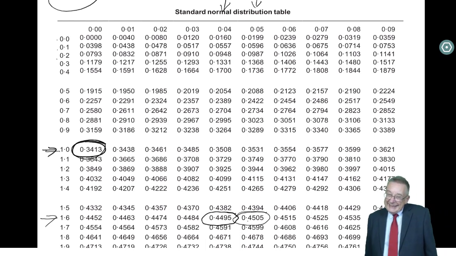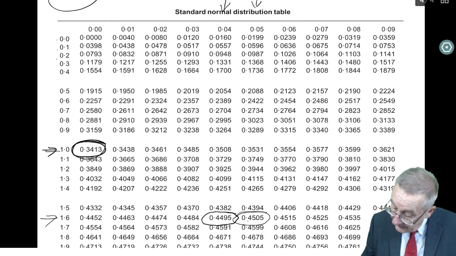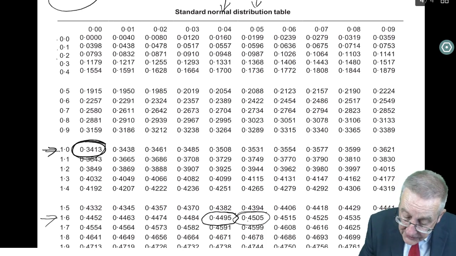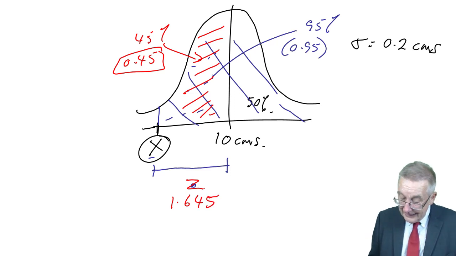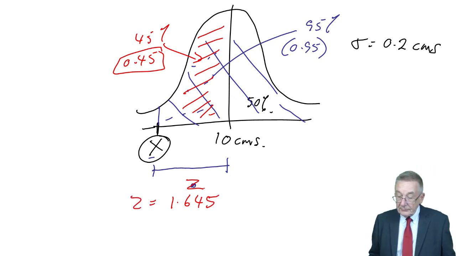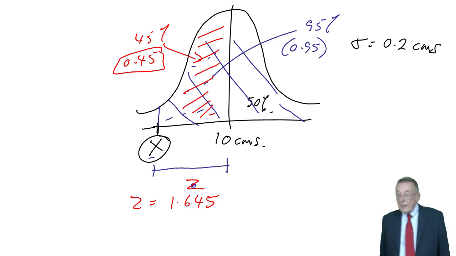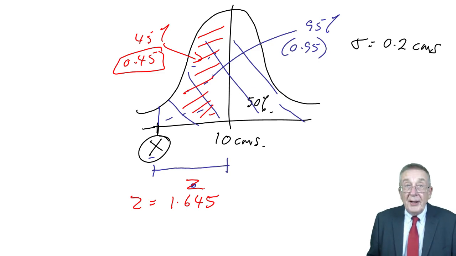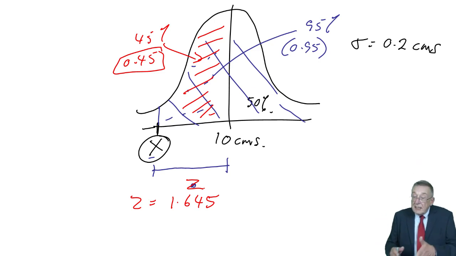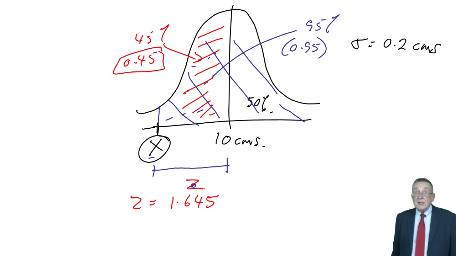Now, by all means, just use 1.64, although I'll take halfway between, because it's halfway between those two. I'll say the z-score, working backwards, is 1.645. So looking backwards, what do we want the answer to be? 0.45. And what z gives us an answer of 0.45 is 1.645.